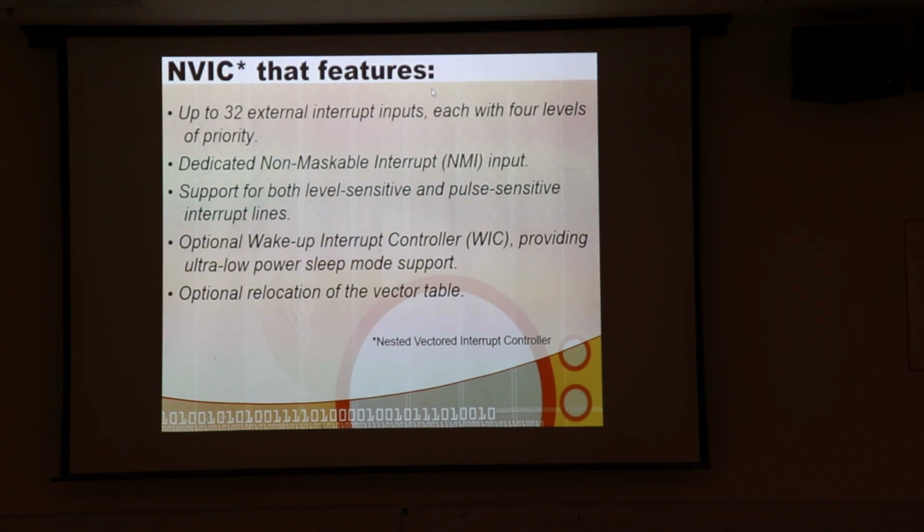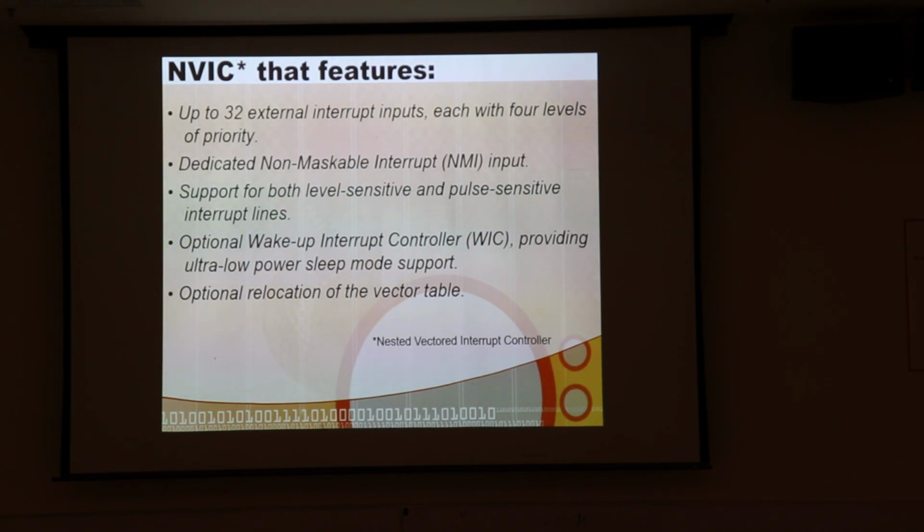We went through the NVIC already. Nested Vector Interrupt Controller. Remember, nested meant you could have different levels of priority. There are 4 different levels of assignable priority. And if you assign a low level of priority to one interrupt, during the time that interrupt's being executed, if you've assigned a higher level of priority to another interrupt, then it can interrupt the low-level interrupt.